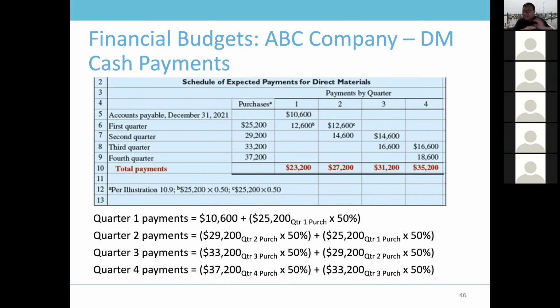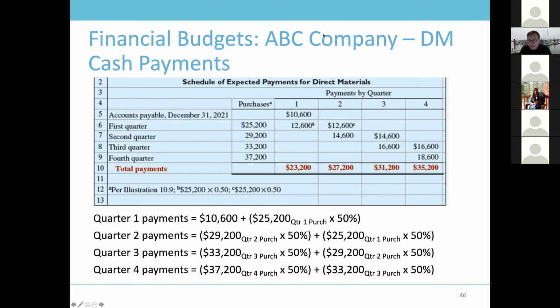Is that okay? So if you are okay with the last one, you are most likely to be okay with this one, right? They are kind of similar.